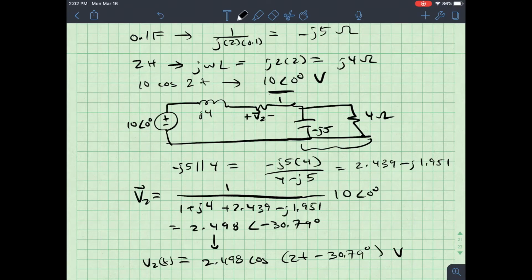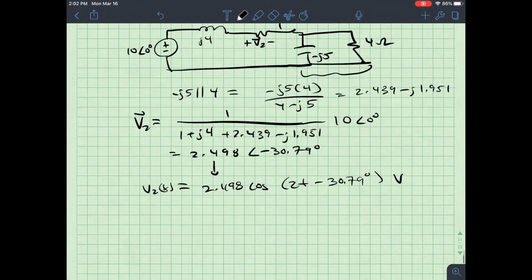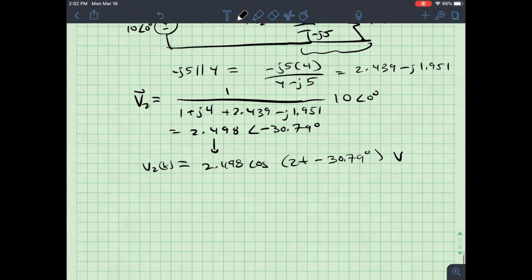Alrighty, the next thing I want to do is find V3 of t by turning off all but the current source.